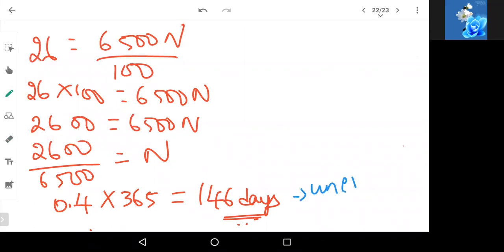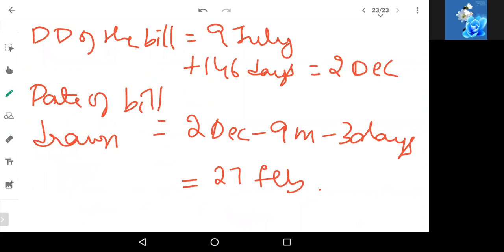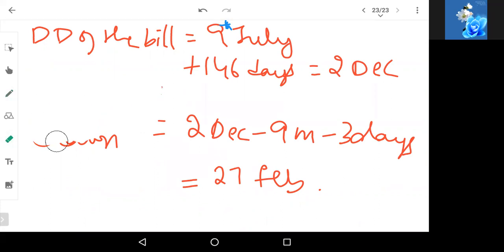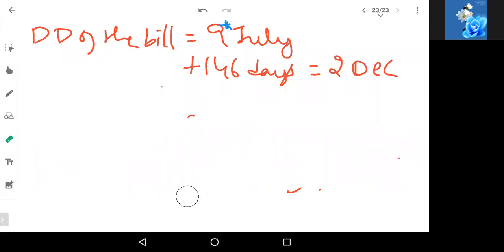So the due date of the bill will be from the date of discount, that is 9th July, plus 146 days. So you are supposed to calculate from the date of July.